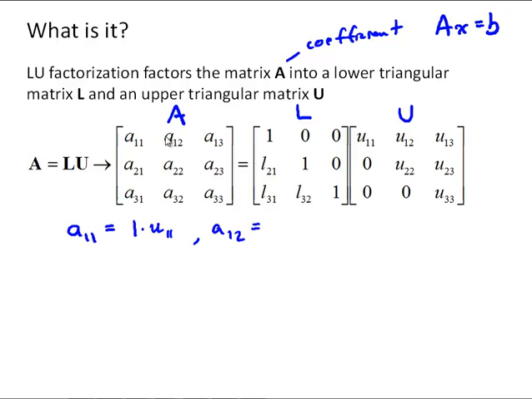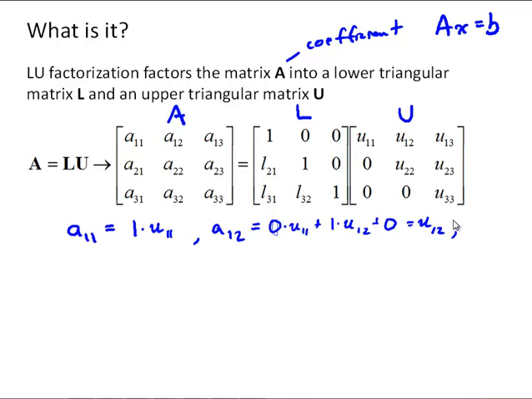A12 is equal to 0 times U11 plus 1 times U12 plus 0 times the next term plus 0. So A12 is equal to U12.